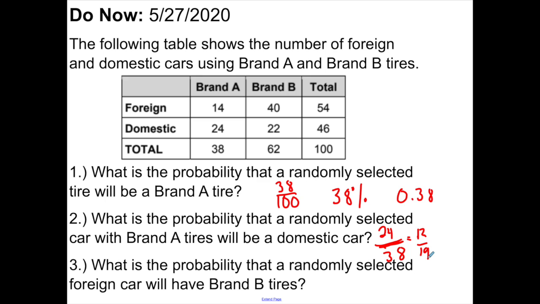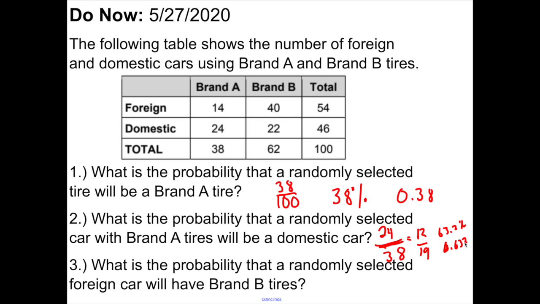Then you would use a calculator to figure out what 12 over 19 is. I plug 12 over 19 in, and I get about 63.2%, or 0.632. So there's a 63% chance, almost a 2/3 chance, that if I choose a car with brand A tires, it's going to be a domestic car.